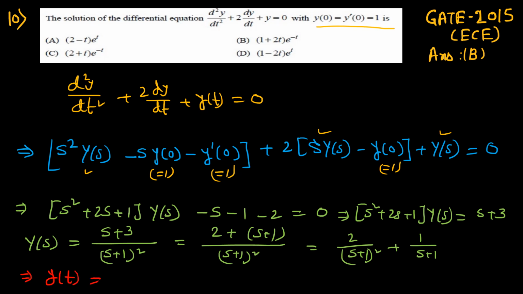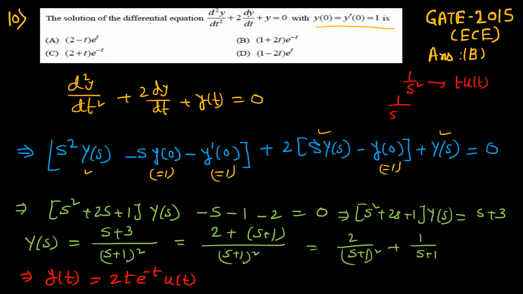So taking inverse Laplace, y of t. So we know that 1 upon s squared is the ramp signal t u(t), but here s is replaced by s plus 1, so e to the power minus t is multiplied. So it is 2 t e to the power minus t u(t). Check. So 1 upon s square, Laplace inverse is t u(t).